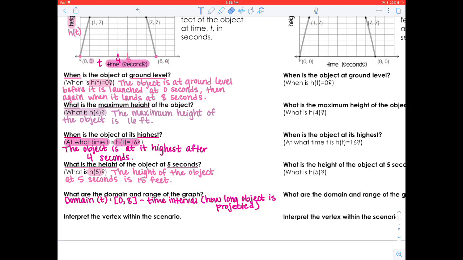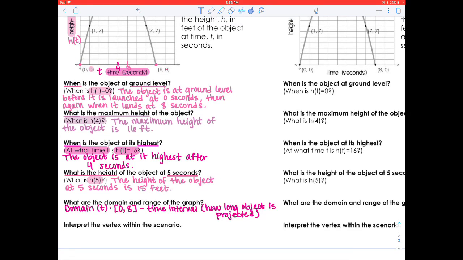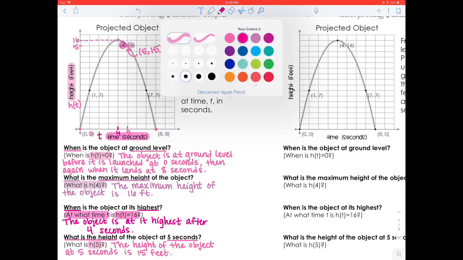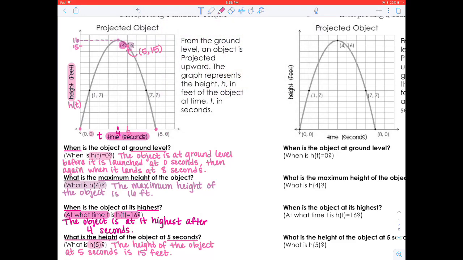So next, let's talk about range. So range are your y values or your h of t values in this case. So we're looking up and down here on this y-axis. And which of those values represent the heights that our object goes from, the very smallest to the very biggest. So the very smallest I see is 0. And then earlier we said the highest that it goes is to 16.